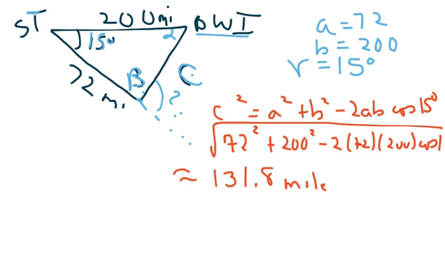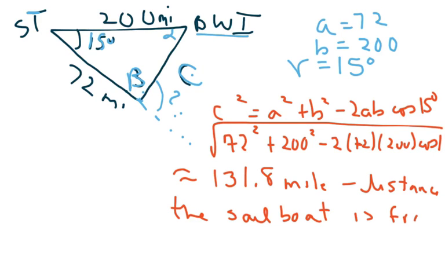The sailboat is from the island, so the distance the sailboat is from the island. Again, I highly recommend you use your own calculator. Make sure you're really good at using your calculator with this and getting the values that I got.